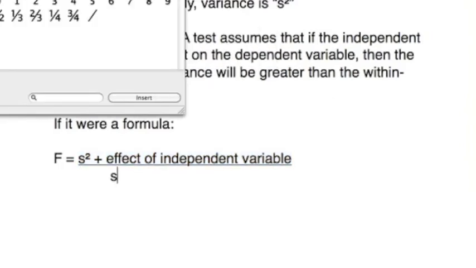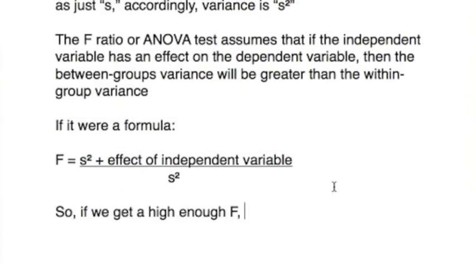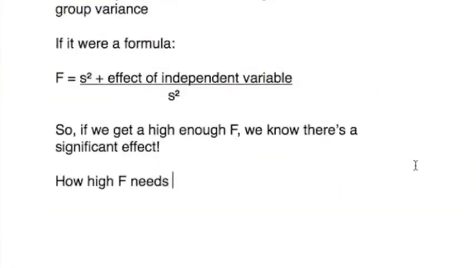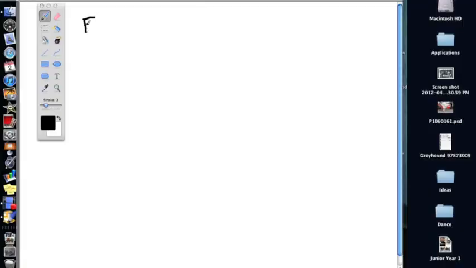And we're trying to measure the effect of the independent variable right here. So how high your F needs to be depends on the number of subjects you have and the number of groups they're divided into. So as I mentioned before, the F obtained for the ANOVA is the ratio of the variance between the groups over the variance within the groups.